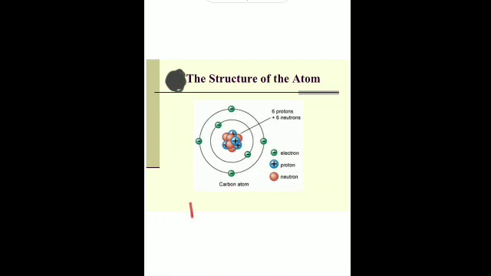Beryllium, atomic number is 4. How will you represent the number of electrons? If it is K shell, L, M and N: 2 in the first shell. How many are left? 2 in the second shell. Is it clear? Carbon I have shown you just now, 2 and 4.